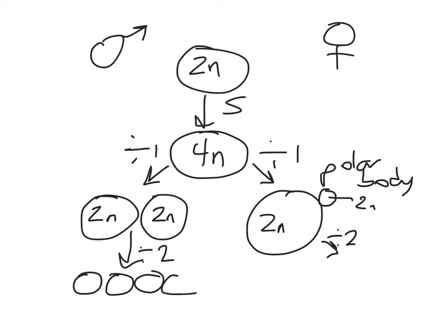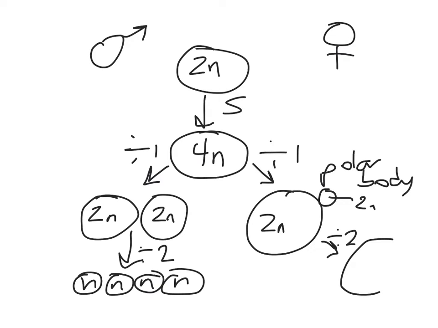each of the male cells divides equally and produces 4 N, single copy of every chromosome gametes. The female, the big cell, divides and produces, is this one an equal or an unequal division in terms of volume of the cells? Unequal.